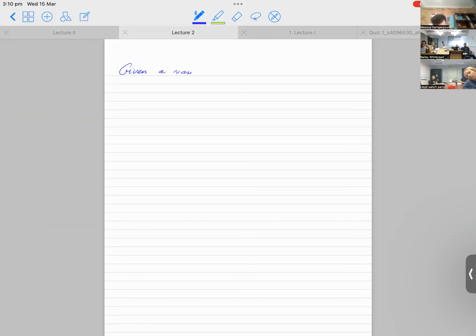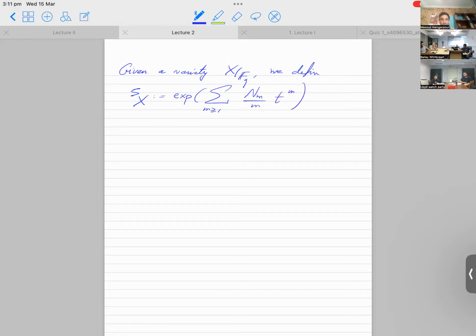Given a variety x over F_q, we define this zeta of x to be the exponential of the sum of nm over m t to the m.